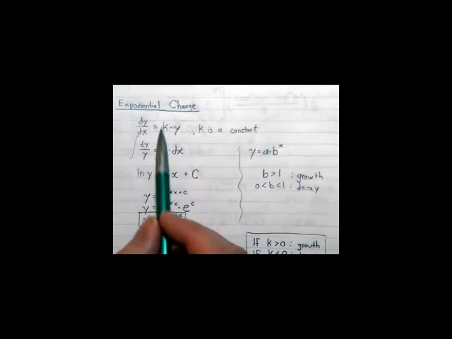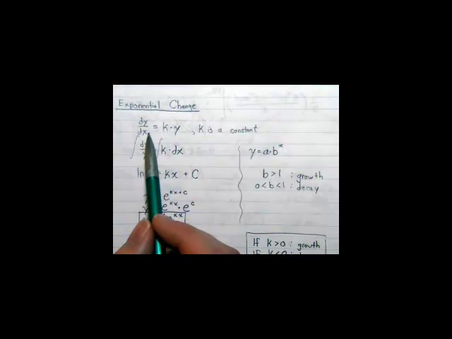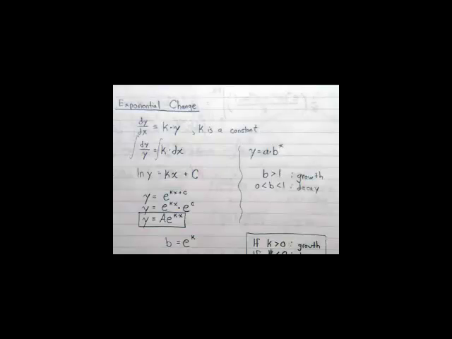So if k ends up being positive, my derivative is positive. And if k is negative, my derivative is negative. So this determines, right from that derivative even, whether or not we have a growth or a decay happening. Okay? And we're going to use that to help analyze some stuff. Okay? So, let's see what we can do here.